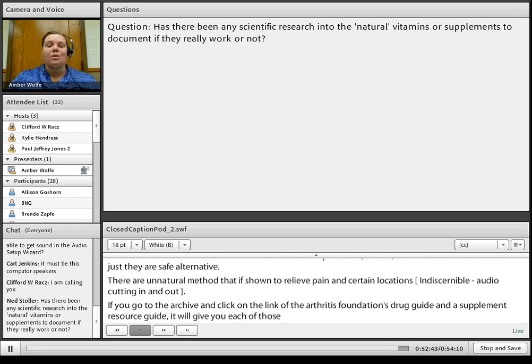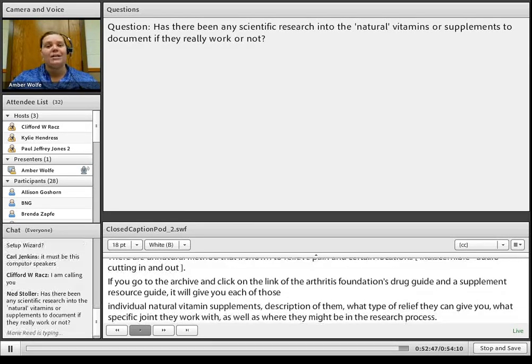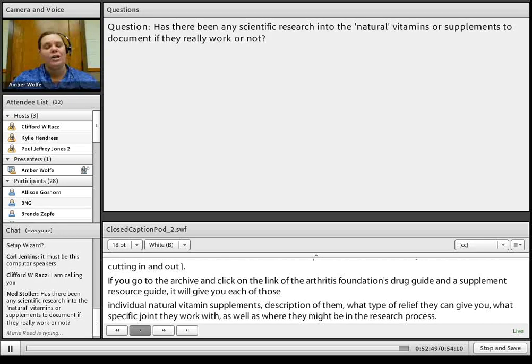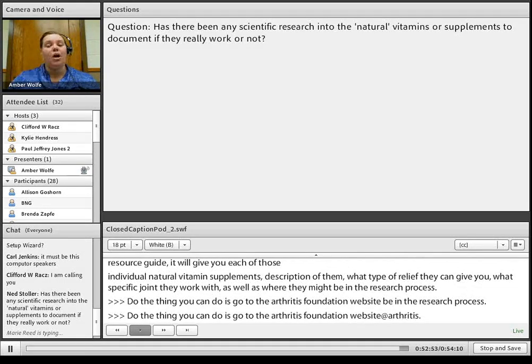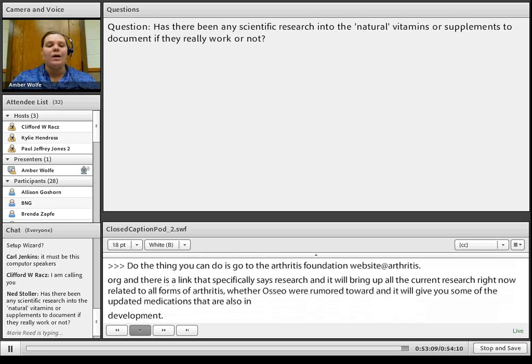The other thing you can do is go to the Arthritis Foundation's website at arthritis.org, and there's a link that specifically says research, and it will bring up all of the current research that's happening right now related to all forms of arthritis, whether it's osteo or rheumatoid or fibromyalgia, and it will give you some of the updated medications that are also in development. There's also, I believe, a PDF file that's going to be attached to this presentation on specific medications that are being researched right now that might help. So I hope that answers Ned's question as well.